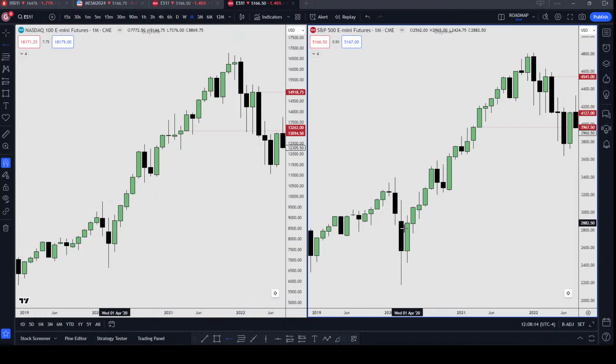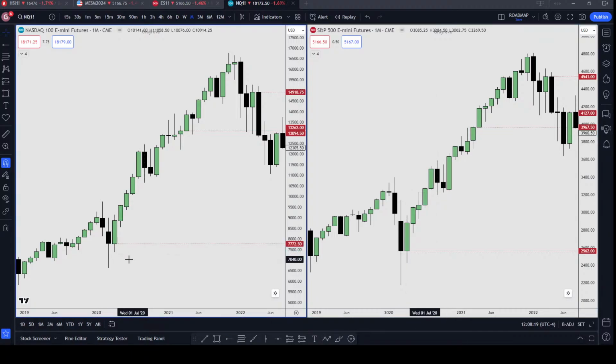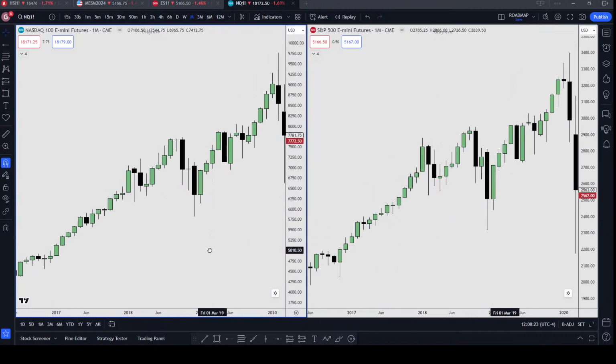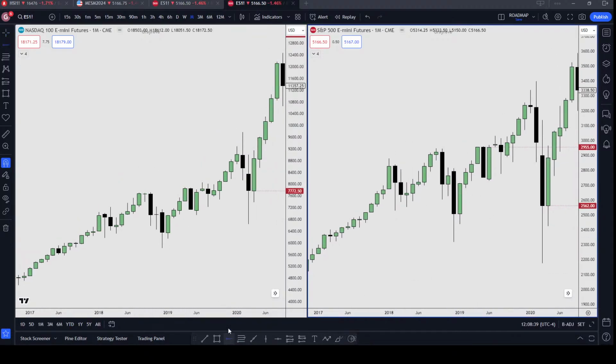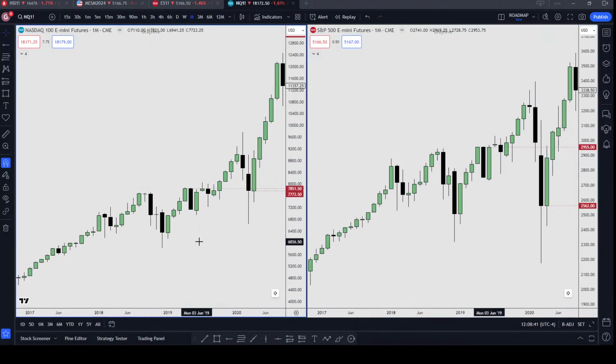2020, March, April. So can you see the signature here? Right here. Sorry, did I miss a year? Yeah, I did miss a year. April. Sorry, right here, April.